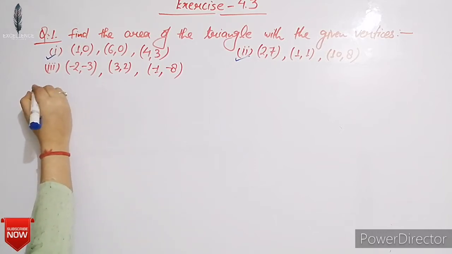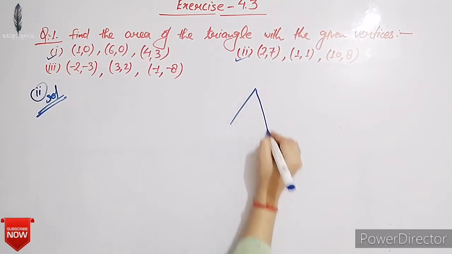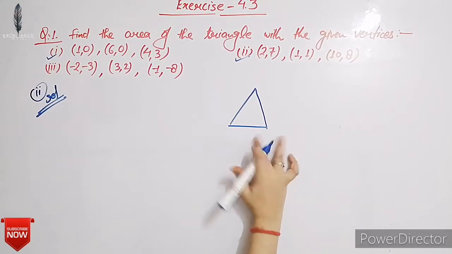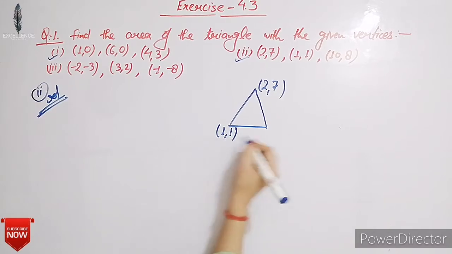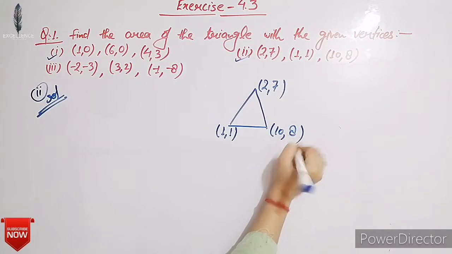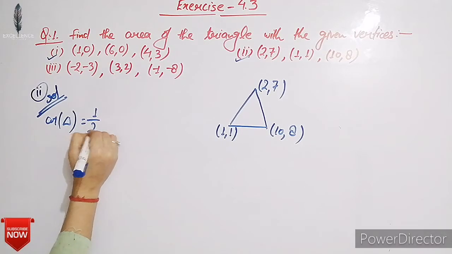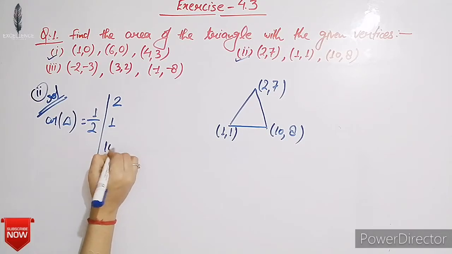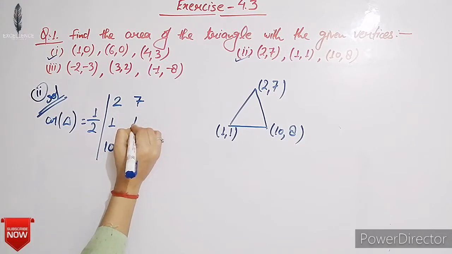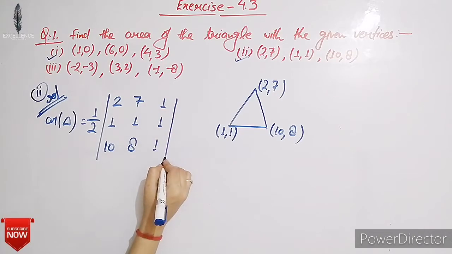Let's solve it. In second part, we have a triangle with vertices (2, 7), (1, 1) and (10, 8). So, the area of the triangle is equals to 1 by 2, here 2, 1, 10, C2 is 7, 1, 8 and here 1, 1, 1.